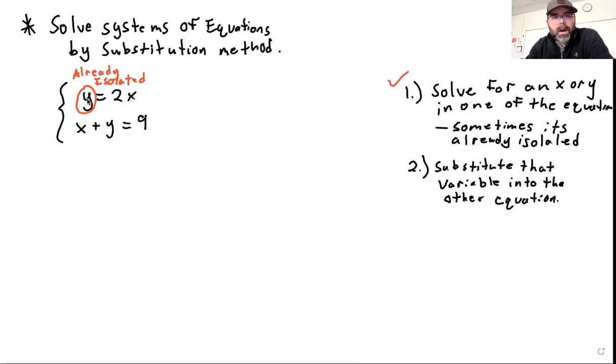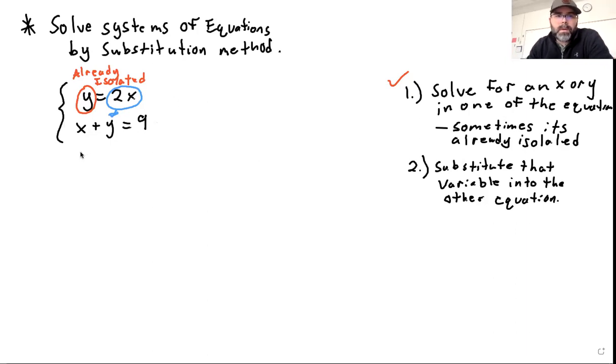We're going to take this y and what it equals. So y is the same thing as 2x, meaning they're interchangeable. Y is equal to 2x, so therefore y is 2x. So if y is 2x, that means I can replace this y here with 2x. So that's what we're going to do. We're going to take 2x and substitute it into the other equation for y. So let's do that.